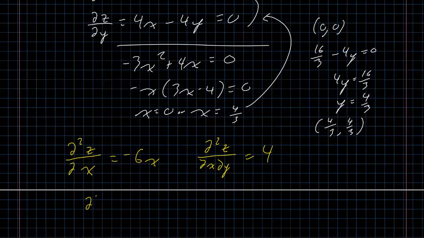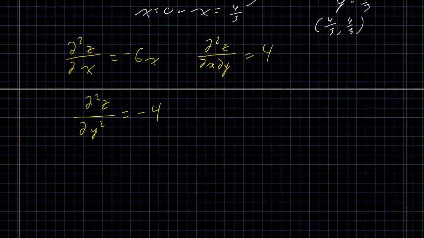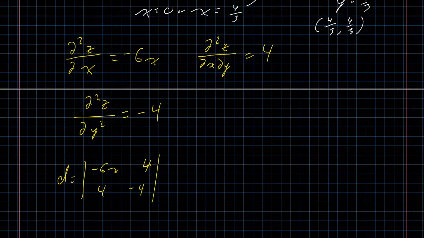And then we're going to need the second partial with respect to y. Take that second equation, differentiate with respect to y, and we get negative 4. All right, so with that in hand, we are looking at the determinant of this 2 by 2 matrix.